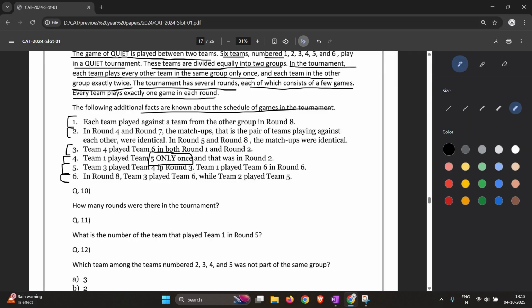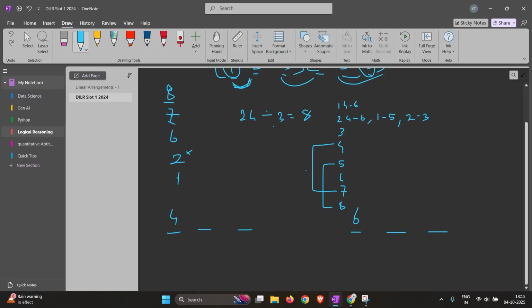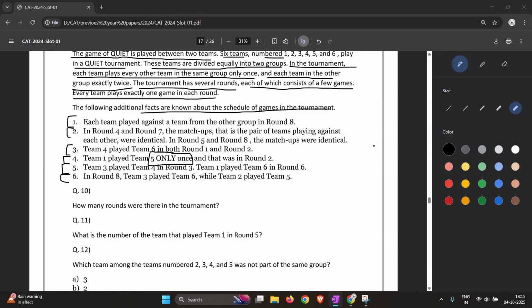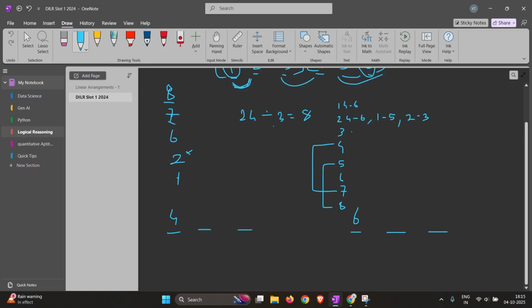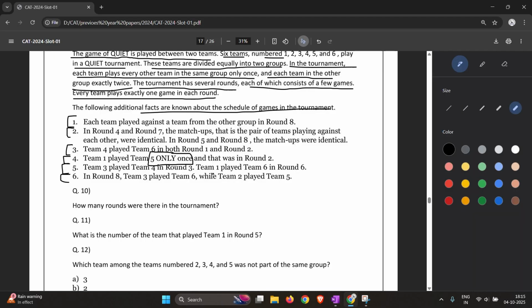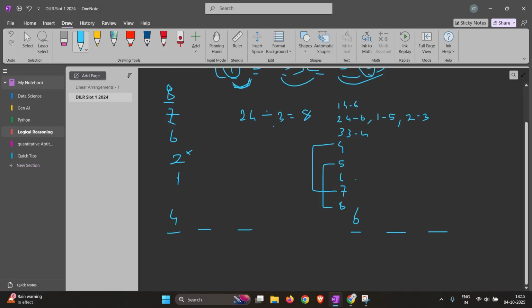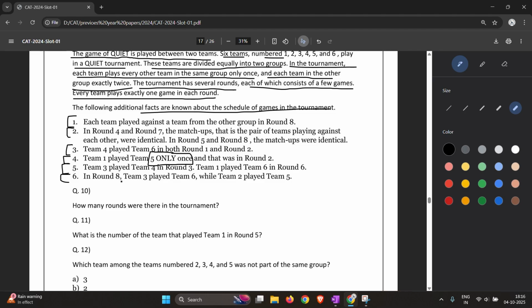Team 3 played Team 4 in round 3, and 1 played 6 in round 6. And in round 8, Team 3 played Team 6 while Team 2 played Team 5.